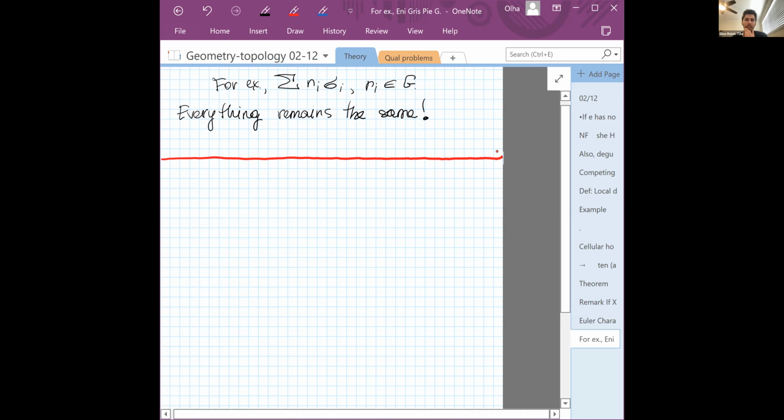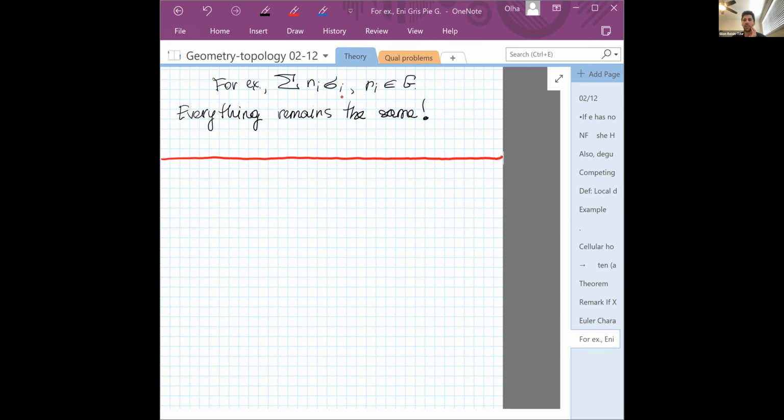I'm not sure, but in practice, the nice thing is that we'll use this theorem to go from Z to G. Just as on the chain level, you tensor it with G. If it's abelian, that'll be nice.